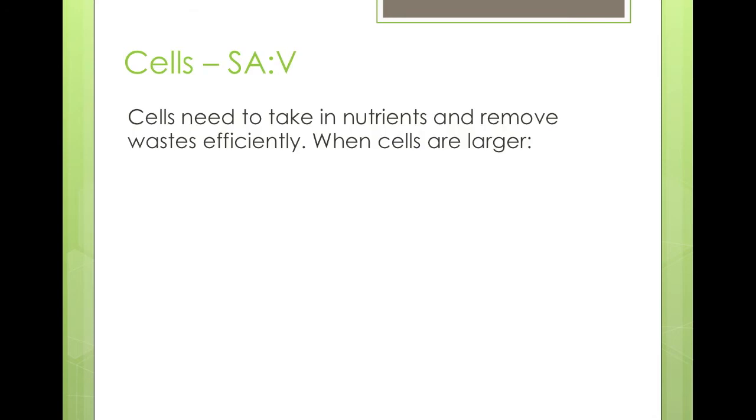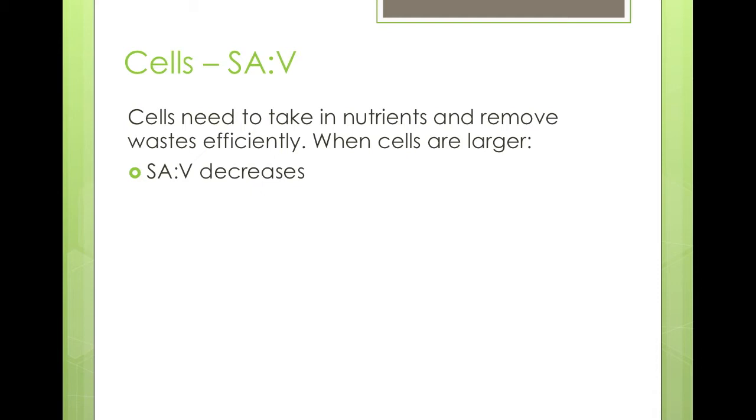Why do organisms go to small cells? It is all around this concept of what we call surface area to volume ratio. For cells to survive, they need to be able to do a few things, including taking in nutrients and removing waste efficiently. When cells are larger, however, to move material in and out of the cell from the center to the very edge takes a longer period of time.